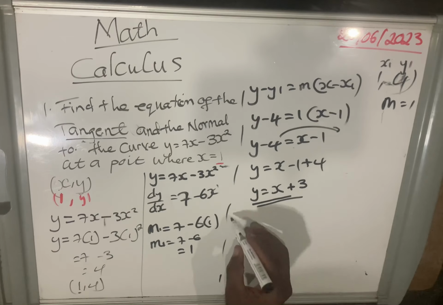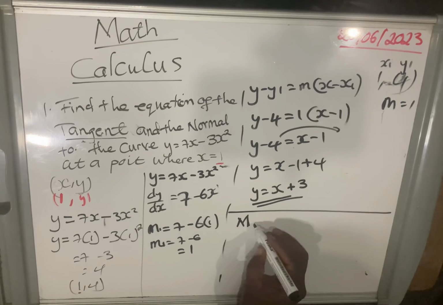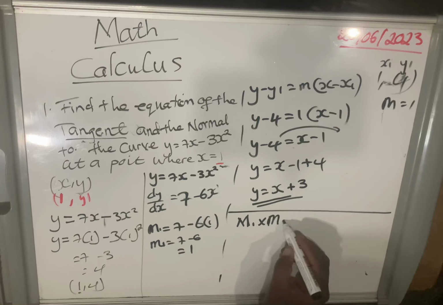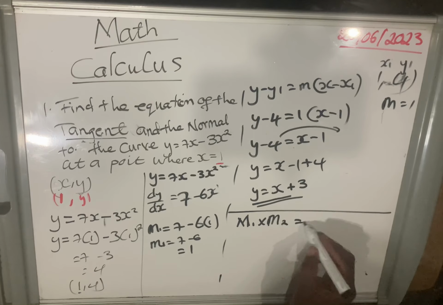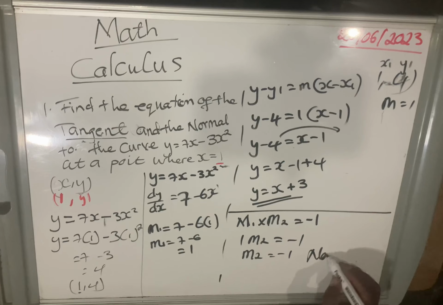So what we do is, to find the gradient of the normal, you multiply gradient 1, which is representing the gradient of the tangent, times gradient 2, which is representing the gradient of the normal, and it is always equal to negative 1. So gradient 1 is 1, then times gradient 2, of course, it equals negative 1. So 1 times gradient 2 is the same as gradient 2 equals negative 1. So this is the gradient of the normal.